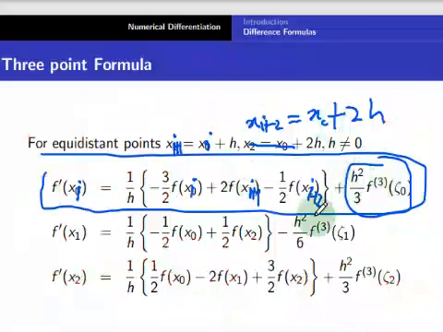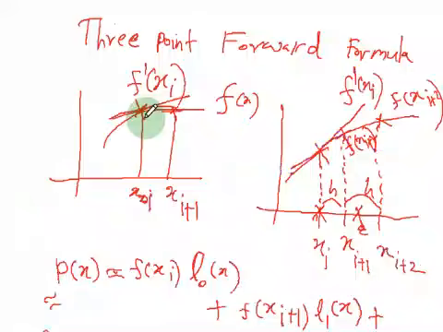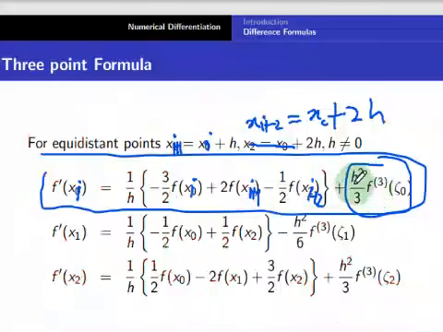So this one is much better than this one, because if h is very small, the order of the error is minimized. You can minimize the error when the step size is very small, right?